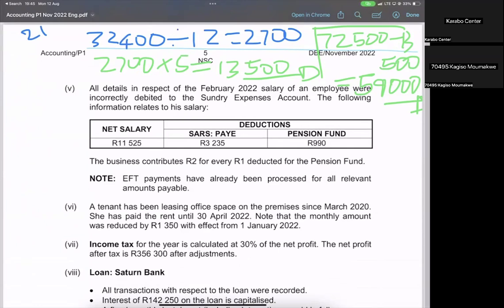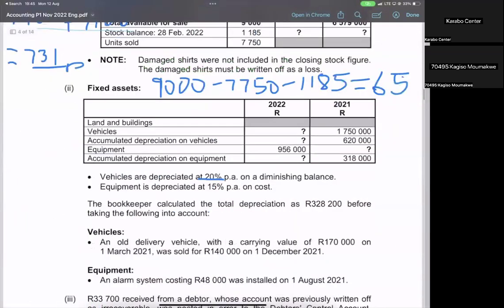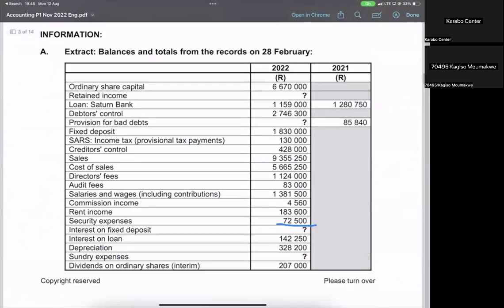So before you write the salaries adjustment, the first thing you have to do is go back to your balances and check whether they set salaries and wages, including contributions, because sometimes they want you to separate salaries and wages, and you also do contributions separately. But in this case, they said salaries and wages, including contributions, meaning we're going to add everything here. Even the contributions are going to be added here.